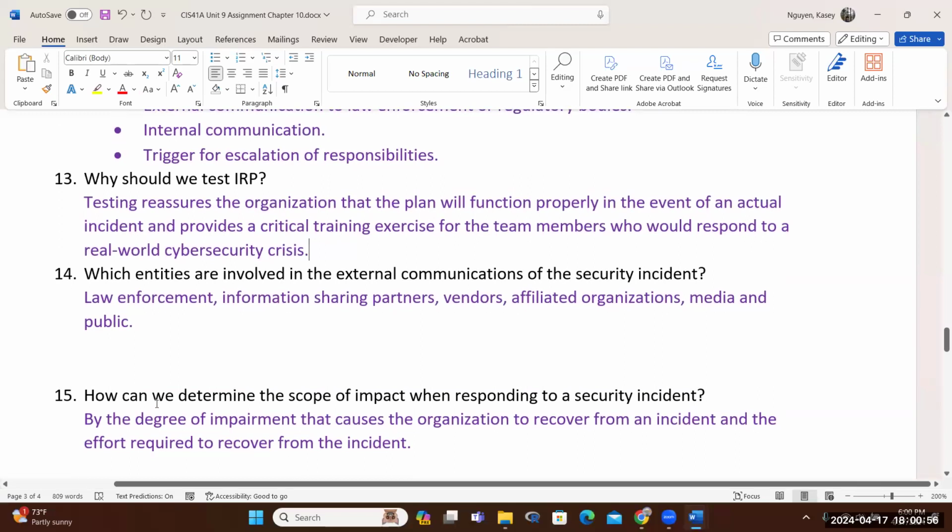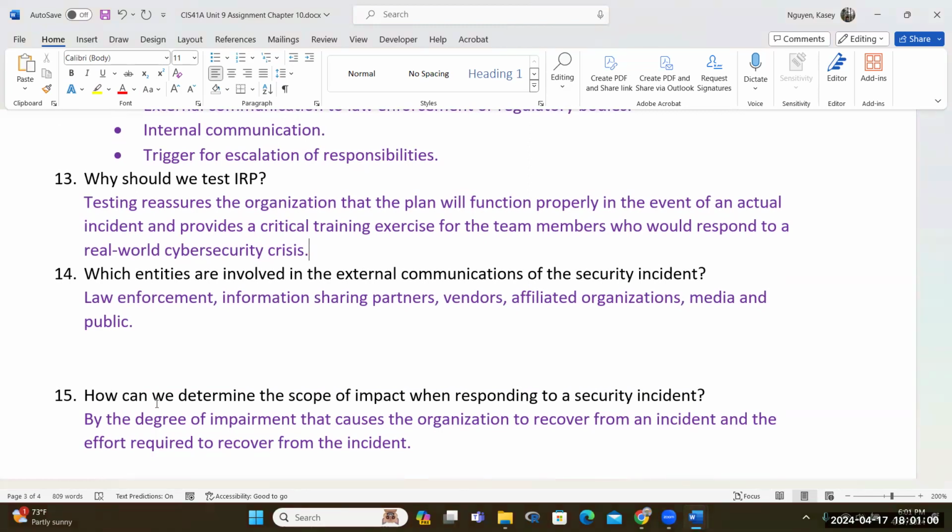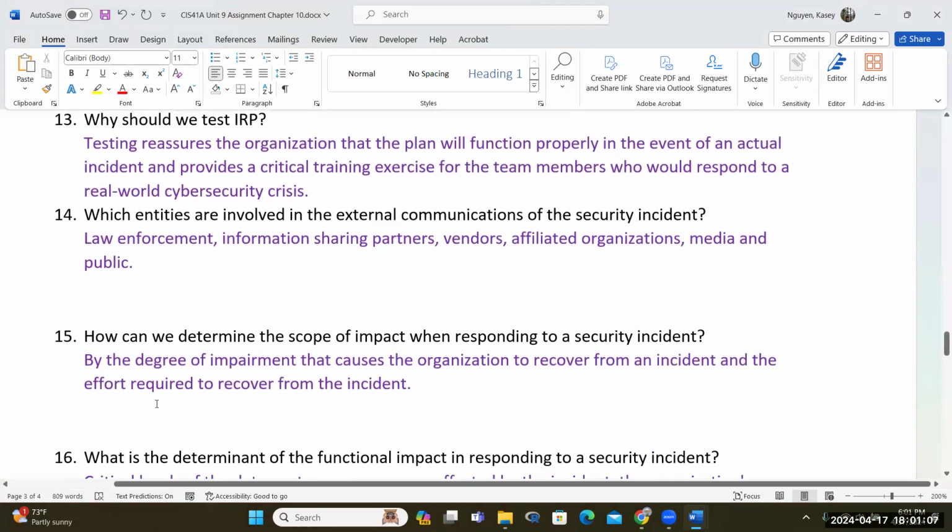So how do we know the scale or how large the impact is when you're responding to a security incident? It really comes down to the degree of impairment that costs the organization. So if they're completely dead, like if you're looking at Caesars Palace, right?